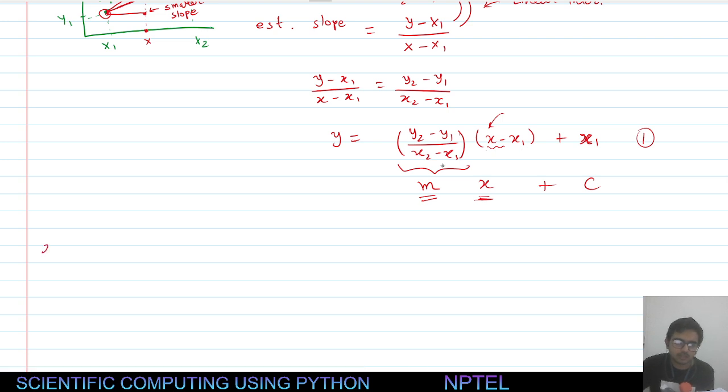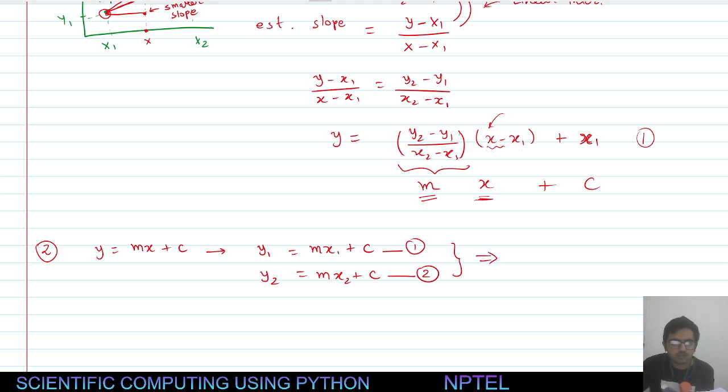Another way, which is equivalent to this, is that we say that it's going to be a line, right? Actually, that's the requirement. And the requirement is that it should pass through x1, y1. So this should be satisfied, equation 1. And the other is m x2 plus c, right? Both should be satisfied.